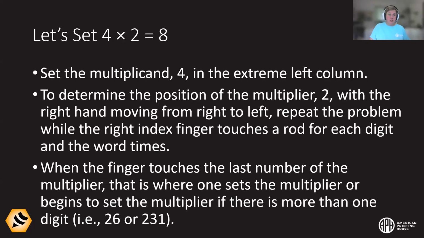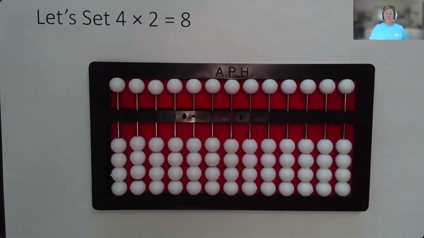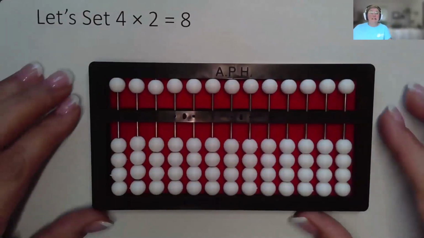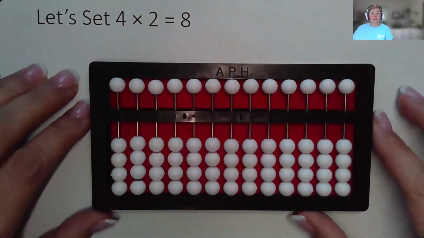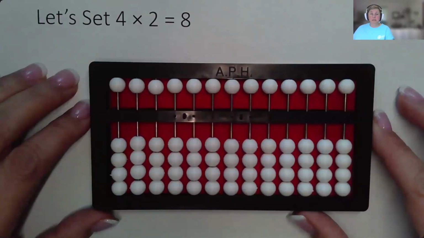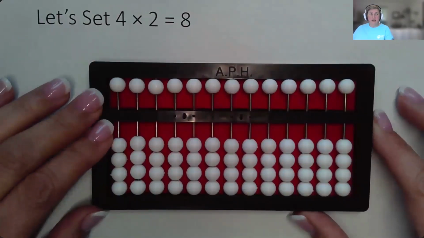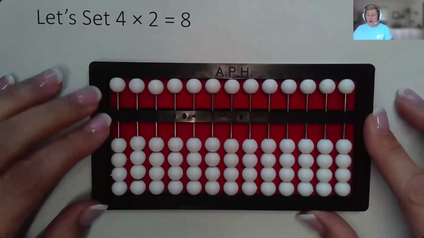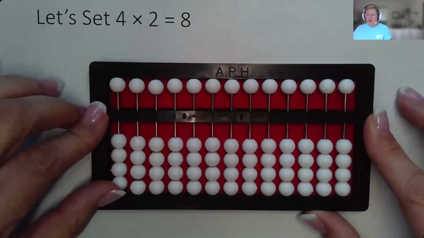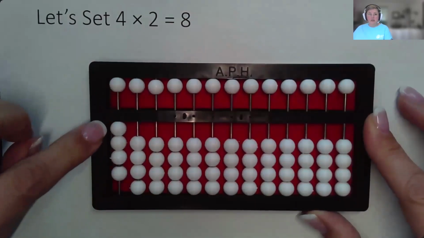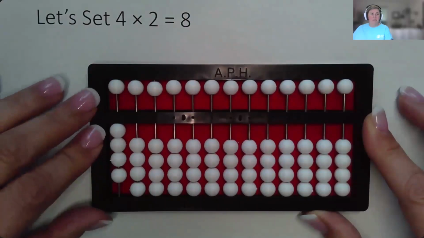I'm going to demonstrate this. Let's set 4 times 2. And the furthest left-hand side, we're setting the multiplicand. On the left-hand side, push 4 beads up. It's right along that edge column.